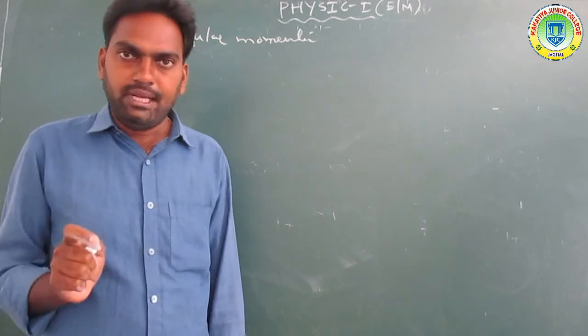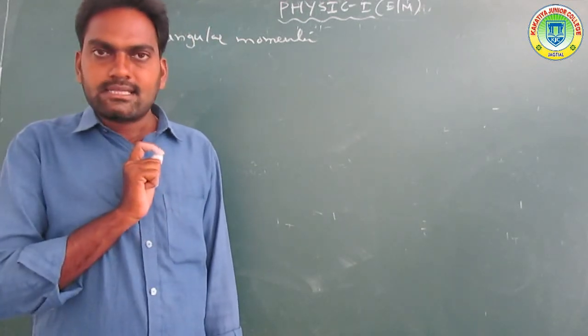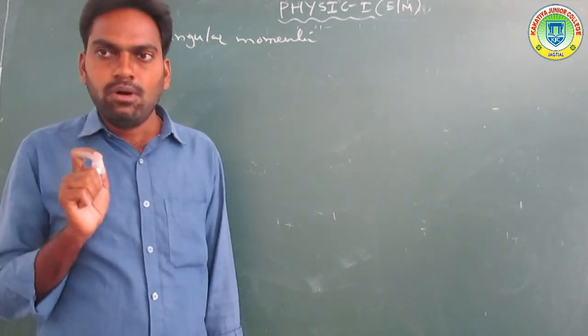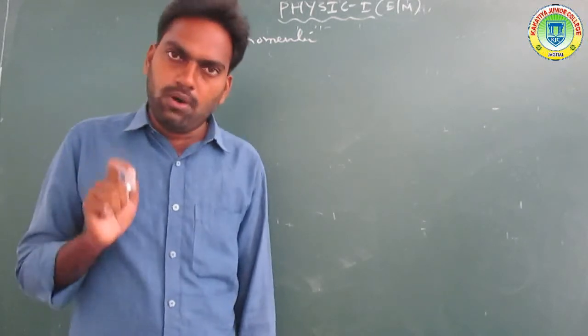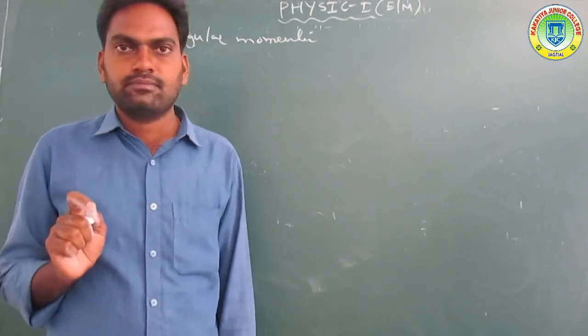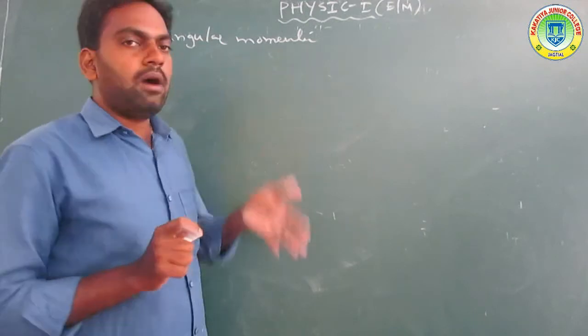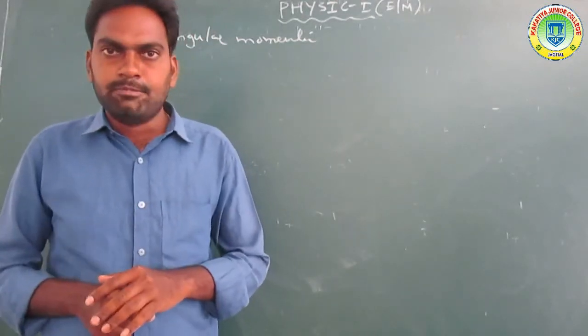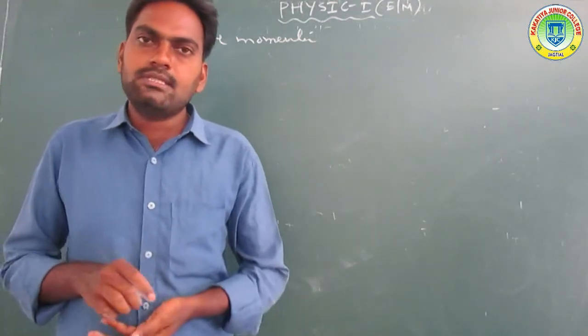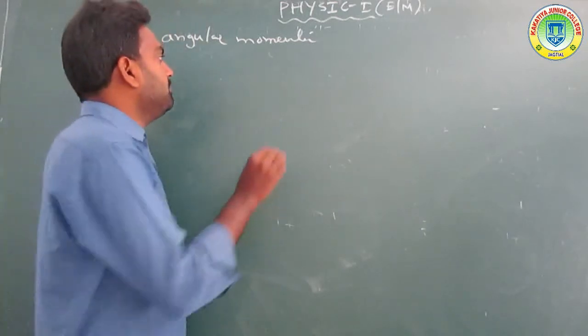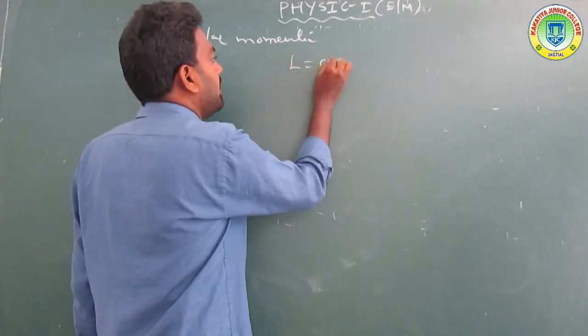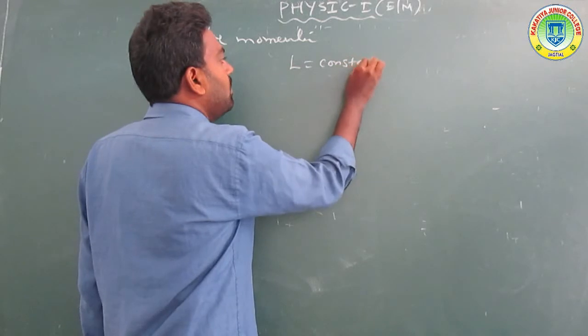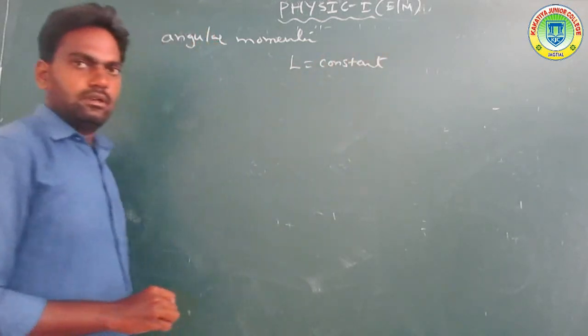Once again, repeat: there is no external torque or force acting on the system, so the angular momentum of the system remains constant. That means L is equal to constant.